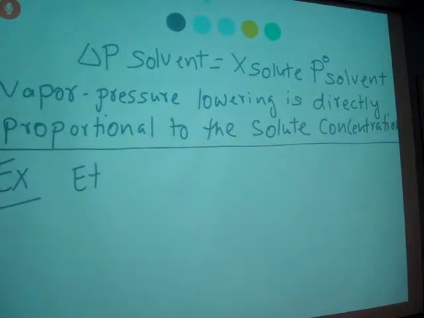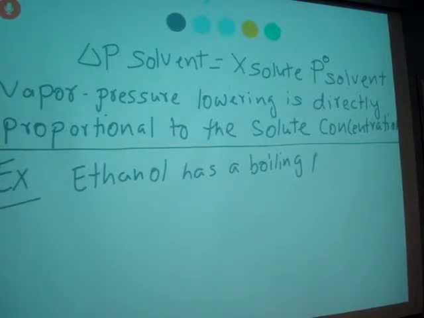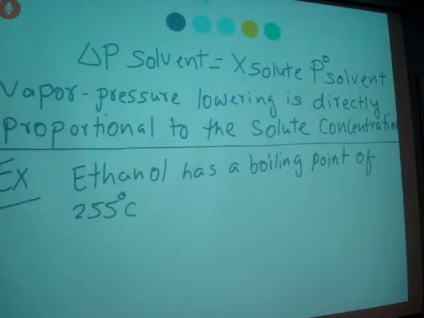Eugenol has a boiling point of 255 degrees Celsius.